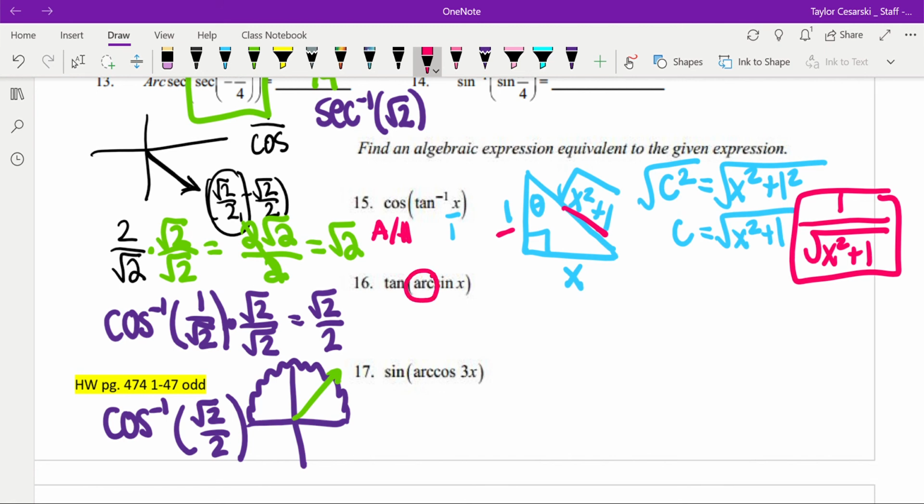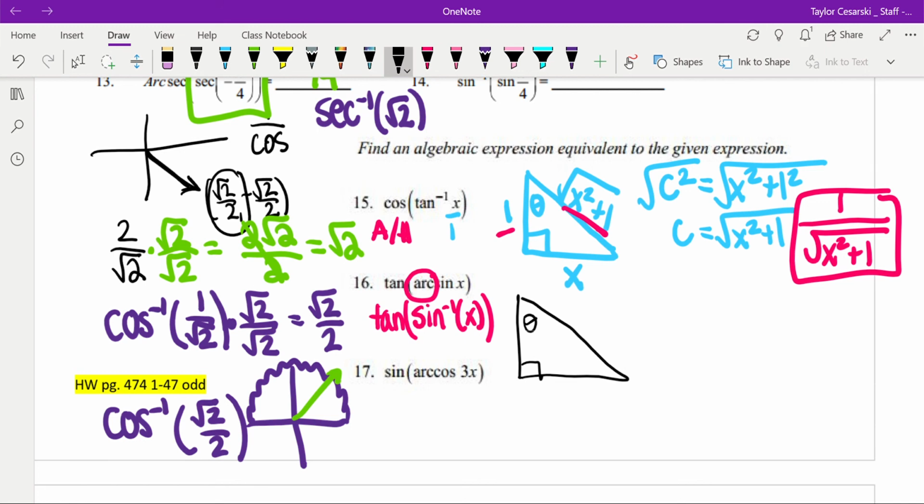Remember, this arc right here represents sine inverse of x. Whenever you see it with x, you're going to draw your right triangle. So I draw my theta.